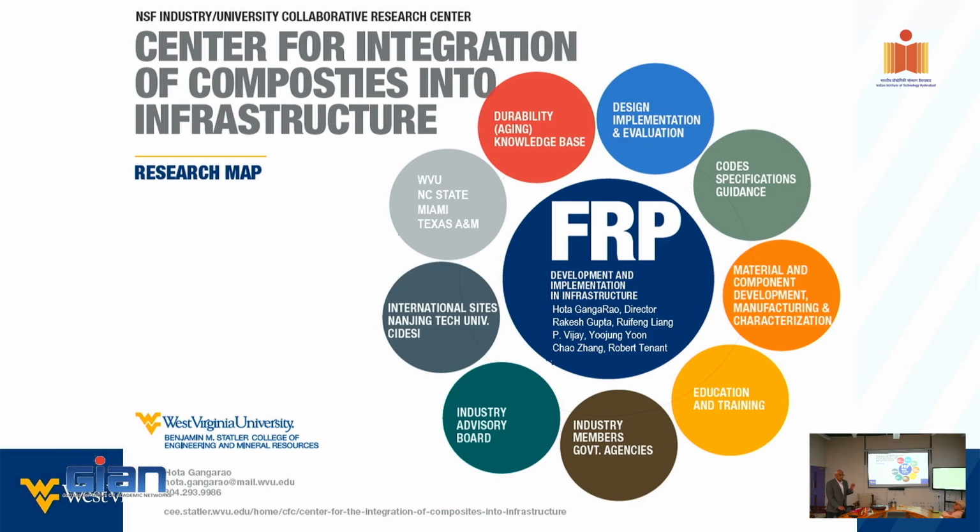Please note the words. We have other code for all FRP composite systems. That was put out by ASCE, American Society of Civil Engineers, along with ACMA, known as American Composites Manufacturers Association.